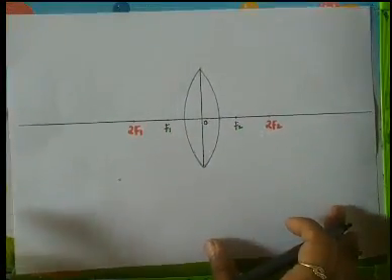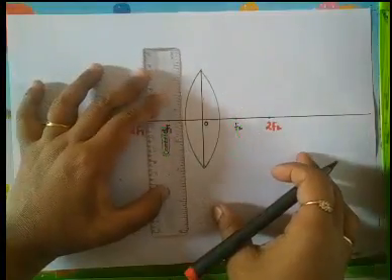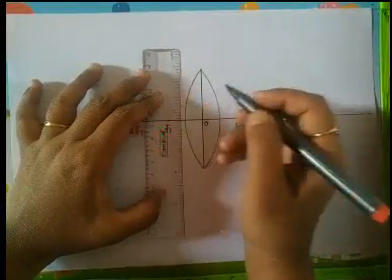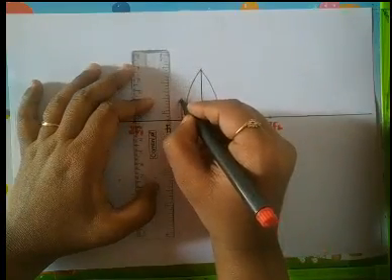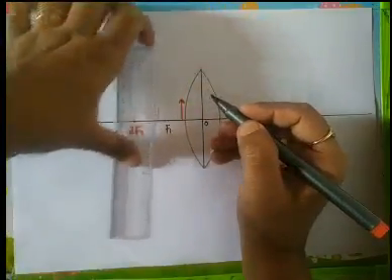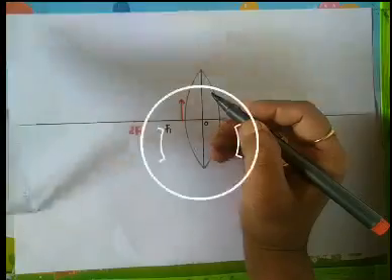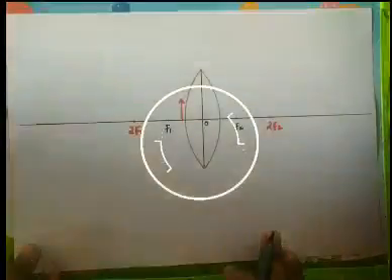I'll draw an object. I'll keep the object between F1 and optical center. So this would be my object, here between F1 and optical center.